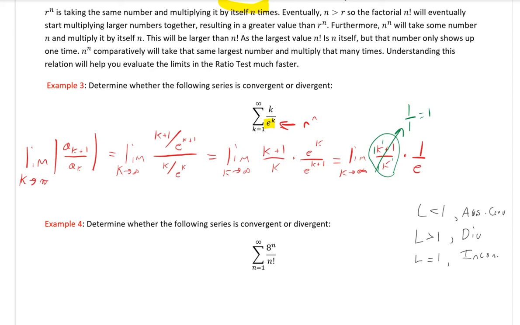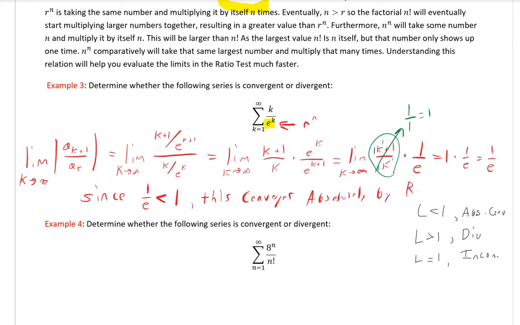That means overall, this goes to 1 times 1 over e, or just 1 over e. That's our value of the limit, and since the value of the limit, 1 over e, is less than 1, this converges absolutely by the ratio test.